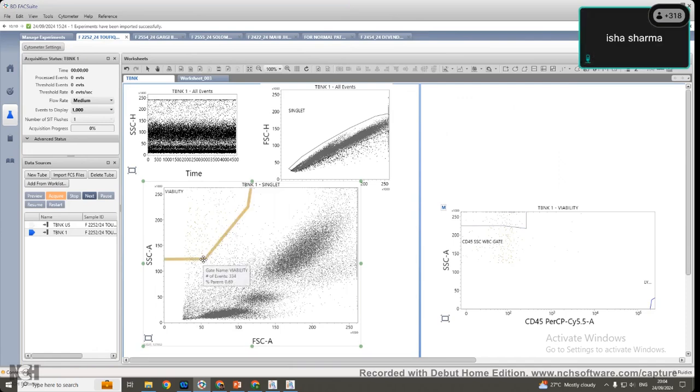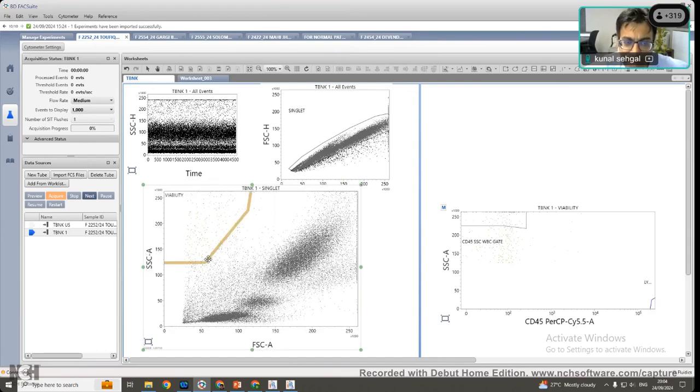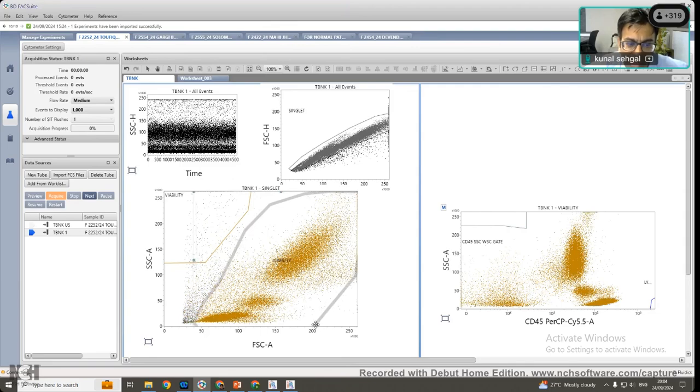Debris. Excellent. And because Avinash showed you, we do a stain lyse wash or a bulk lyse wash or a lyse wash stain, we lyse the RBCs. So if I am going to study WBCs, like I am doing in this assay, I am studying the basic lymphocyte subset assay. I want to study only the WBCs. So I put an FSC SSC based viability gate, where anything which is below the lymphocyte in forward scatter and which has high scatter, like in this area, this all is debris.